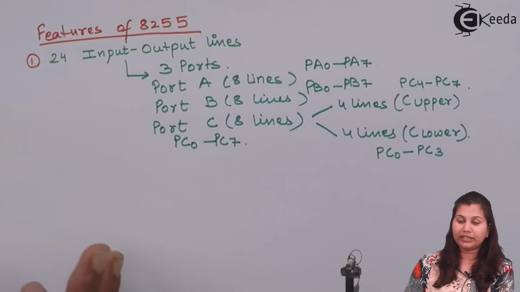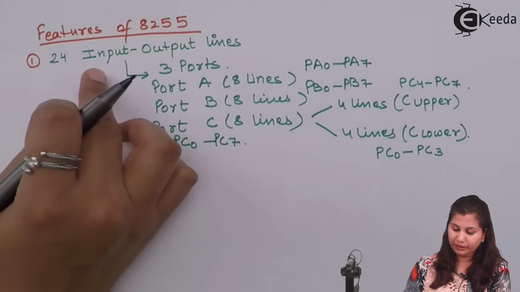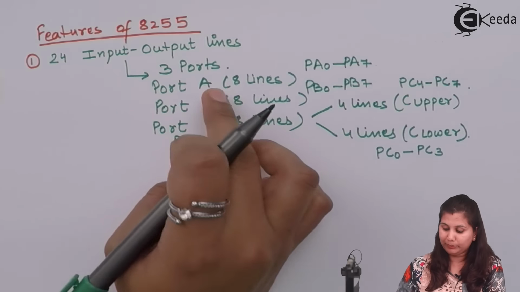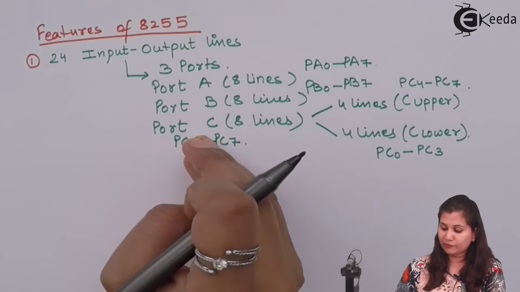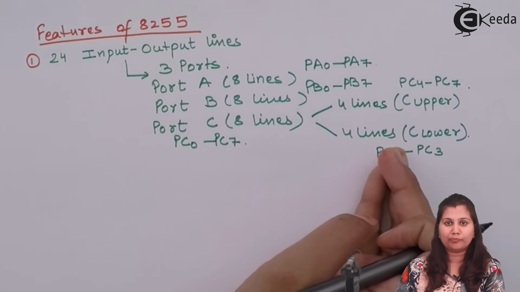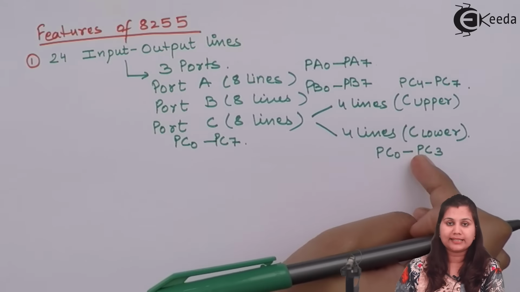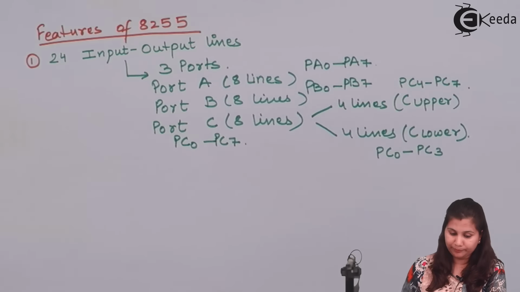So we have the 8255, we have 24 input output lines which are divided into 3 ports, port A, B and C, and port C is further divided into 4 line ports which are C upper and C lower. Okay.